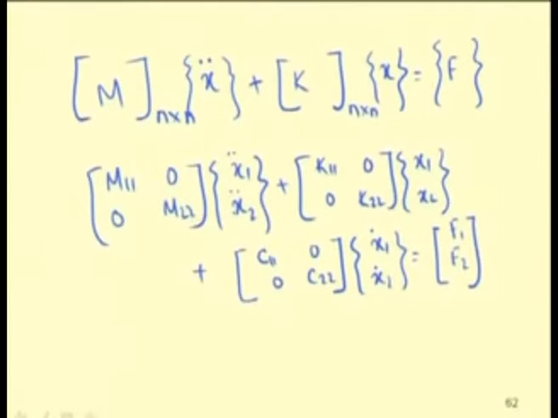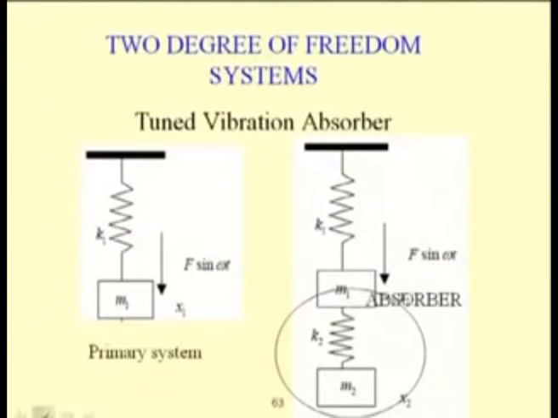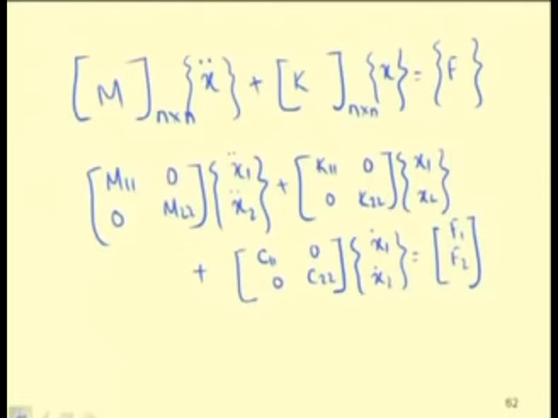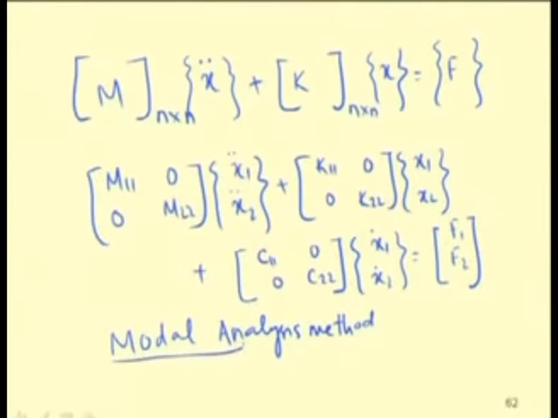But how to reduce this coupled equation to an uncoupled equation? For that purpose one can use the modal analysis method, to reduce the set of coupled equations to a set of uncoupled equations.